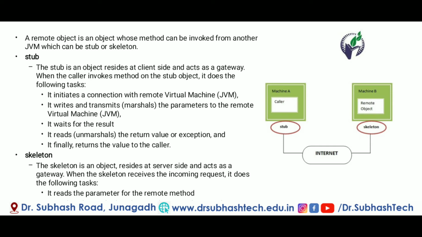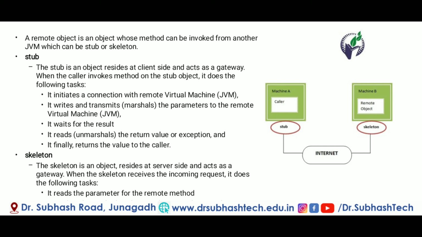So the stub is nothing but a type of object that resides only at the client side. When you want to communicate with the server or any remote object, that object is used and it invokes the method which you have to call at the server side.